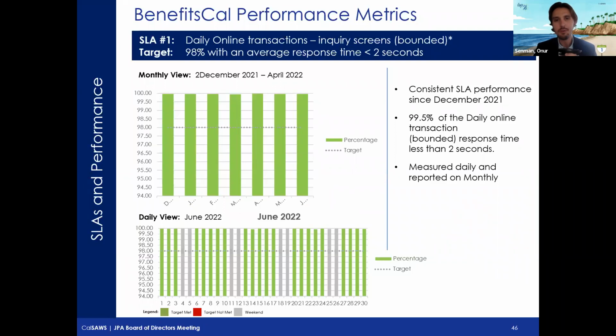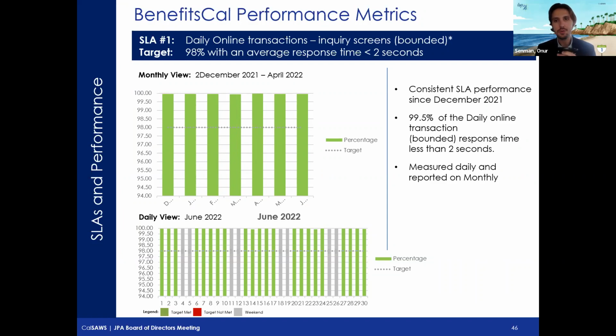The next item I would like to highlight is the overall system performance. Since the go live, we have been measuring and monitoring the key performance metrics daily and reporting on these on a monthly basis. Here are a couple of highlights to share with you today.